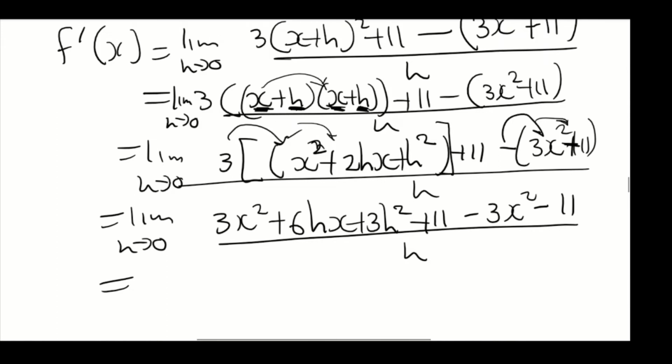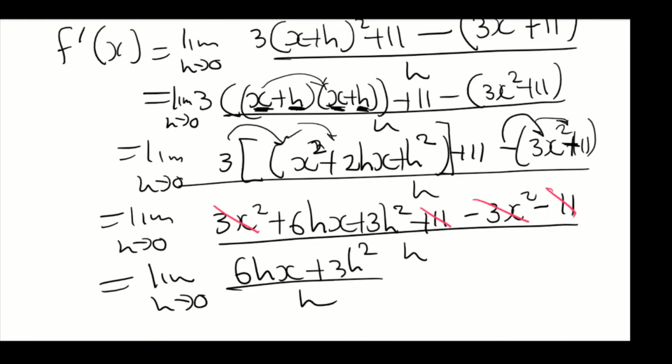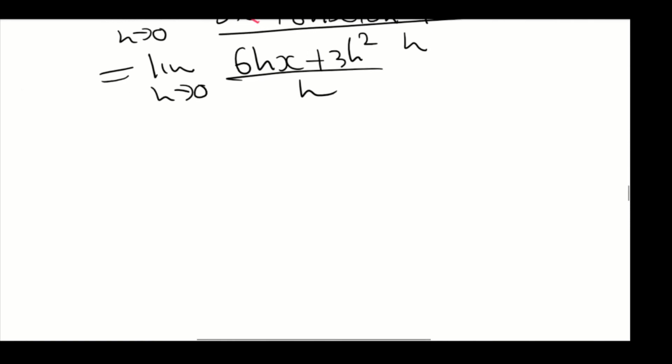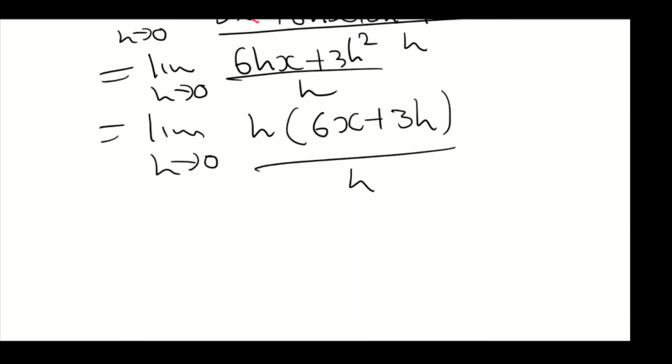So what's going to happen is this 3x squared will subtract this one, this 11 goes away with this one. We are left with the limit when h approaches 0 of 6hx plus 3h squared divided by h. So we're going to factorize the h, so we'll be left with 6x plus 3h over h.